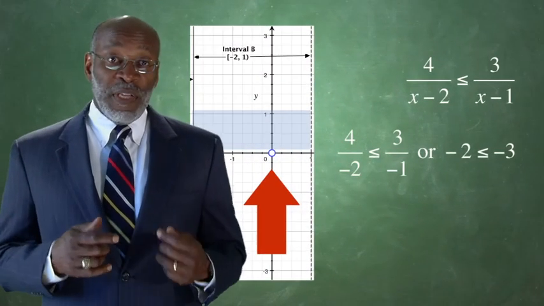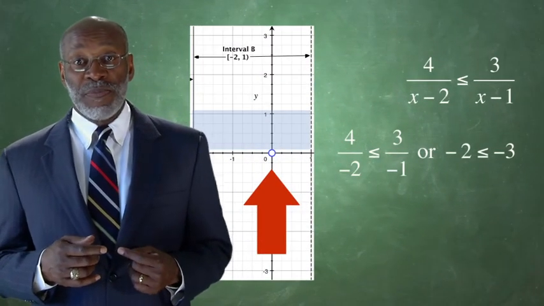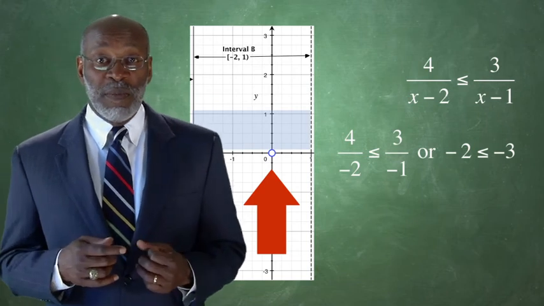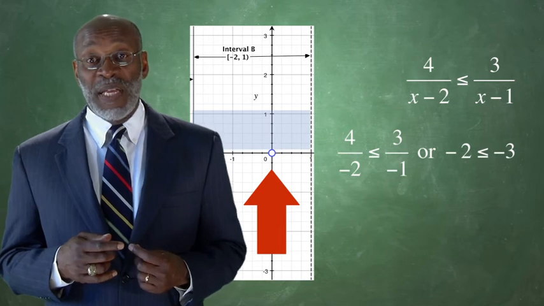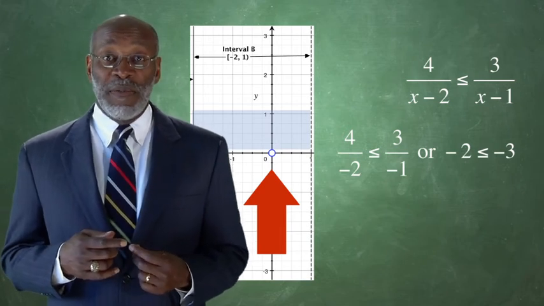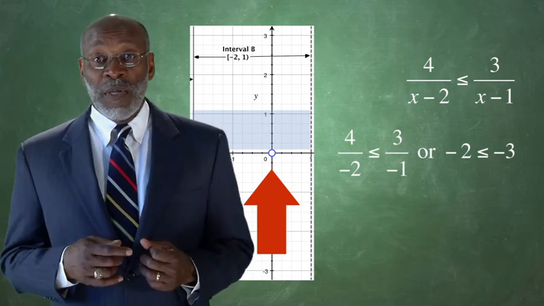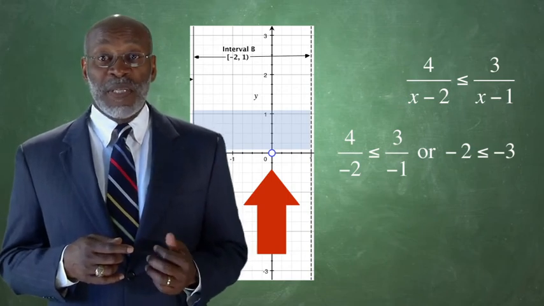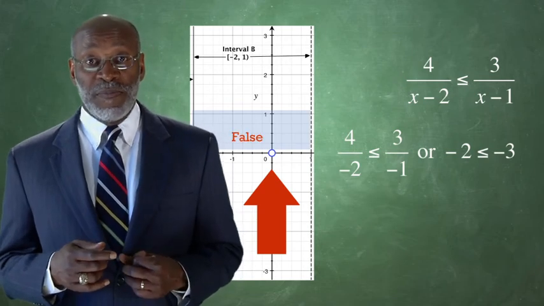In interval B, let's choose x equals 0. The original inequality becomes 4 divided by negative 2 is less than or equal to 3 divided by negative 1. Or simply put, negative 2 is less than or equal to negative 3, which is false.